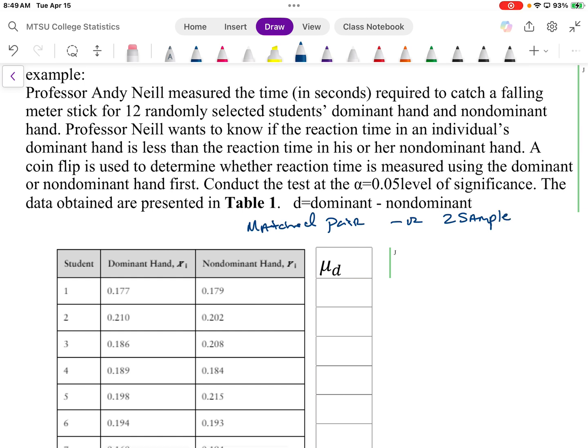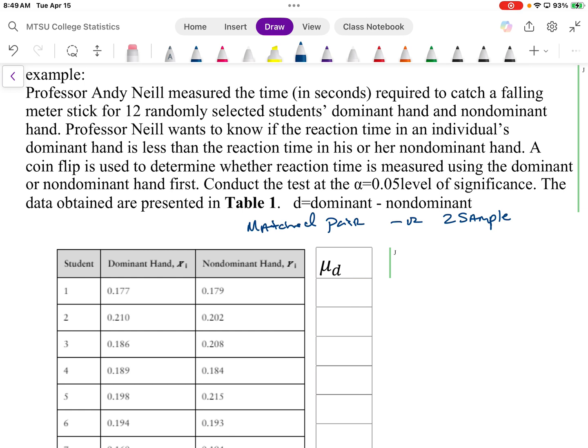A matched pair is basically when you're taking, in this case, each individual student, and in this activity they are trying to check their reaction time with their dominant hand and their non-dominant hand. So it's the same student being used in two different trials, and that's why it's a matched pair. We're going to compare the reaction time between their dominant hand and their non-dominant hand.